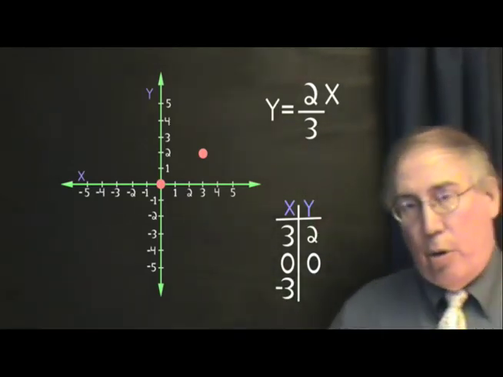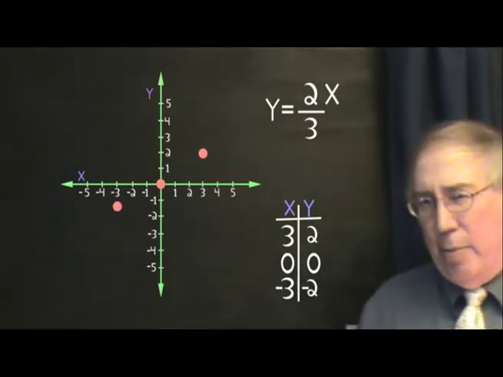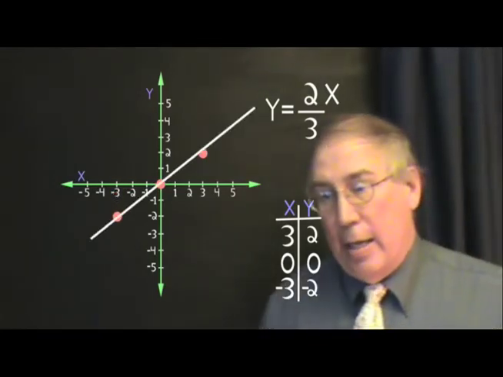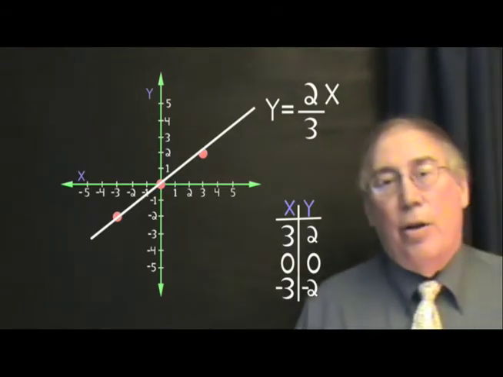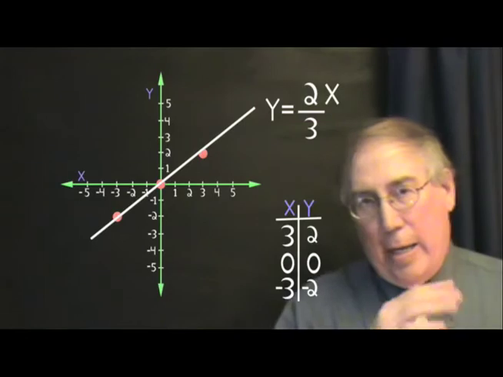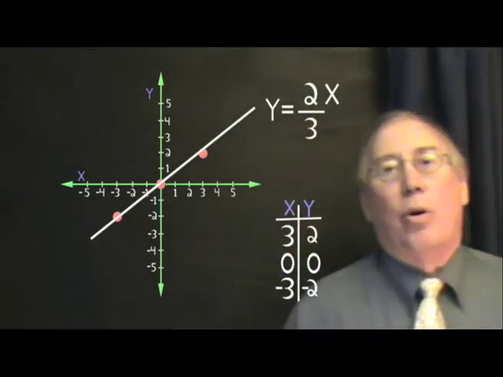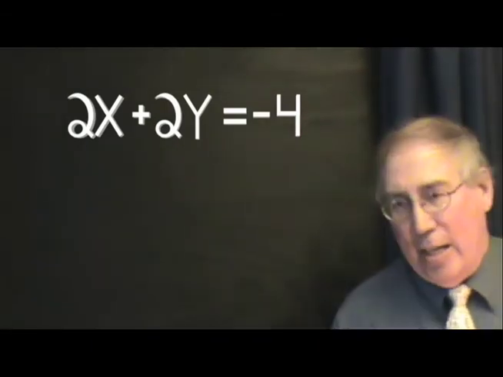We'll just get the origin, the middle of the graph there. And then we put in a -3, and then we should get a -2. And notice that the line slopes towards the right because we have a positive slope. And we'll be going over that more in the next lesson.